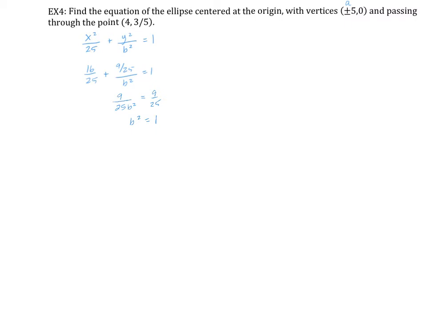So putting all that together, I have x squared over 25 plus y squared over 1, and I'm not going to write over 1, is equal to 1. That would be the equation of an ellipse with these properties.